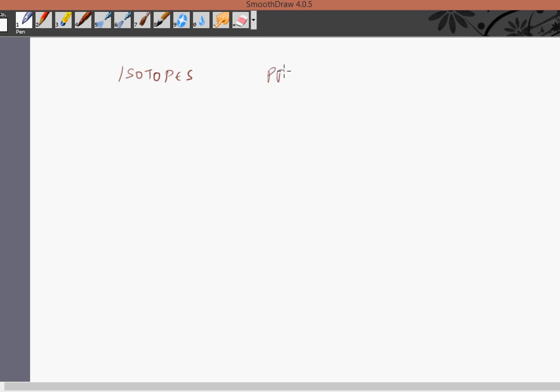Here is the number of protons, neutrons, and electrons, right? This is the protium, symbolized by this.